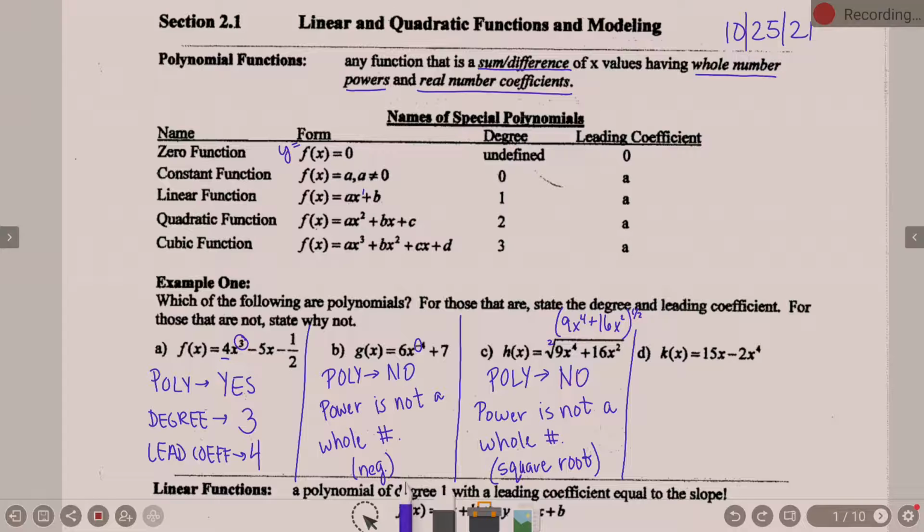Then one more. D k of x equals 15x minus 2x to the 4th. And again, the primary question is, is k of x a polynomial?